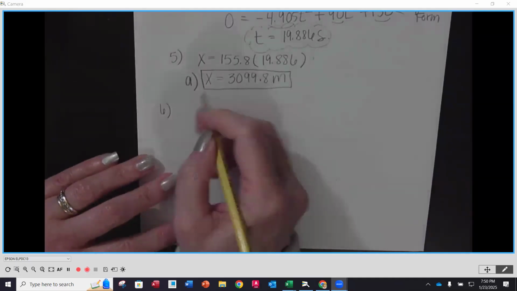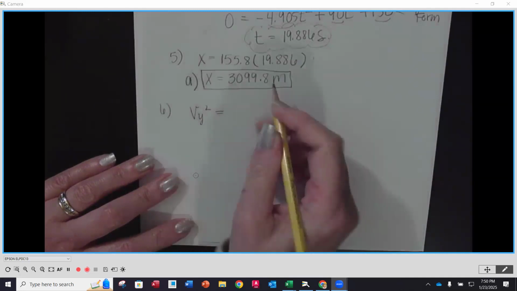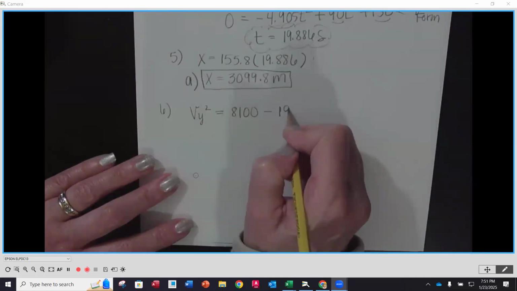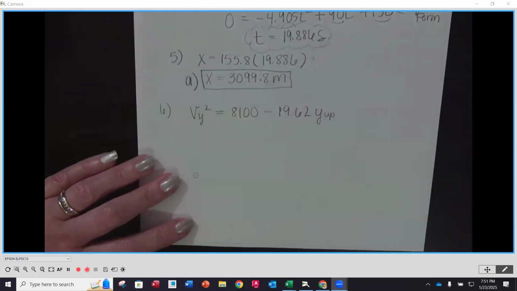Vy squared is going to be equal to that 8,100 minus 19.62 Y, and I'm going to call this Y up. So it's that little section to the top of that projectile from where it was originally launched.